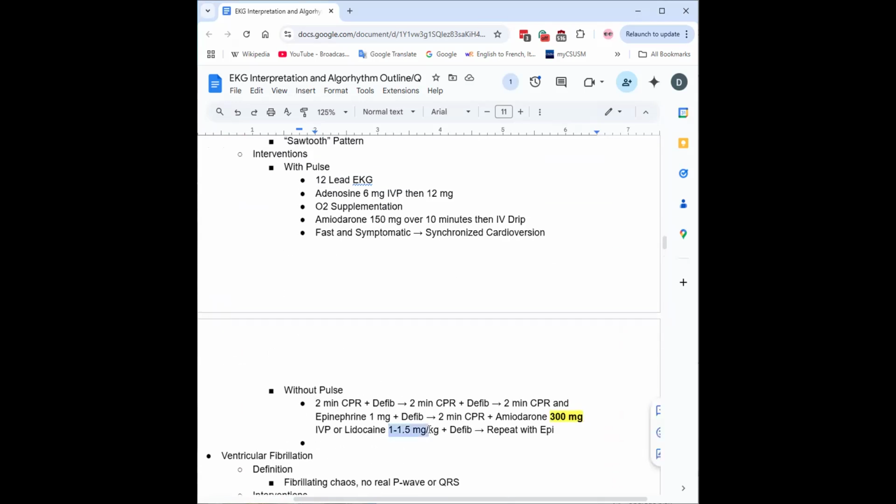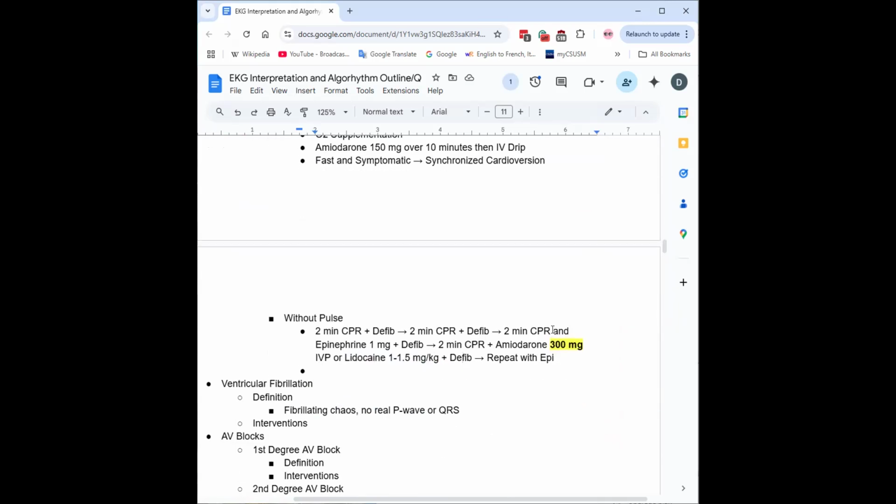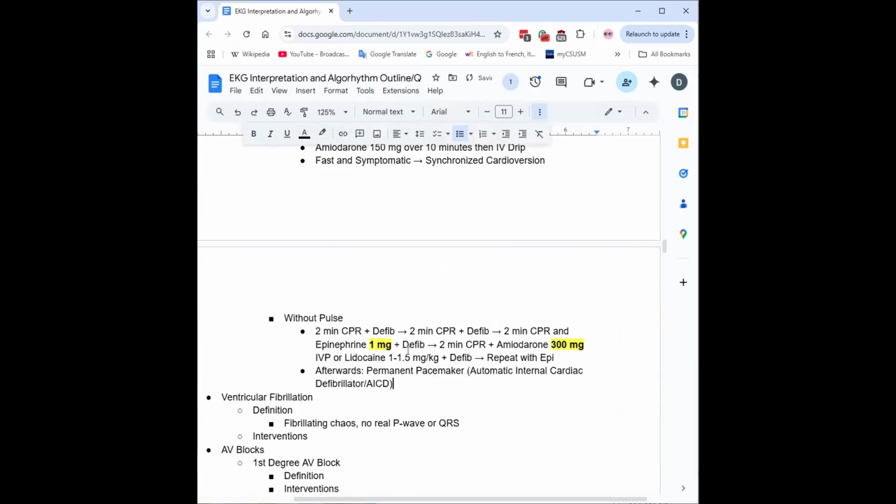Don't worry too much about the lidocaine. Focus more on the amiodarone, I would say, but just know that it's an option. So typically just epinephrine 1 milligram and your amiodarone 300 milligram, and then kind of continue this pattern here. Something I have written down is that we talked about what you can do after the return of spontaneous circulation.